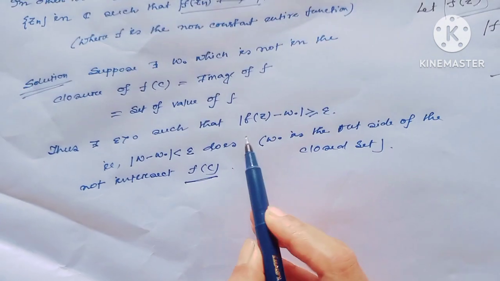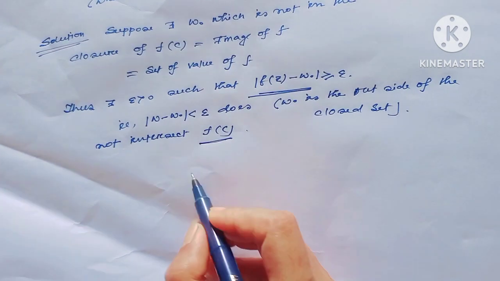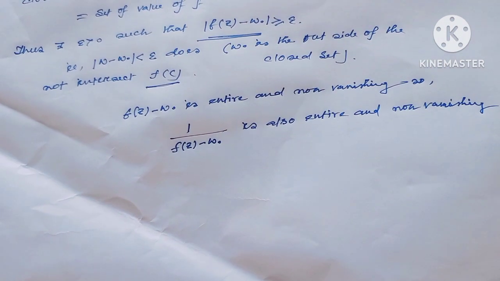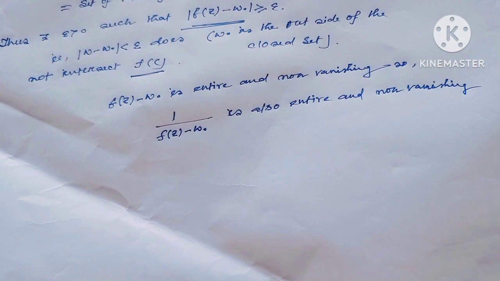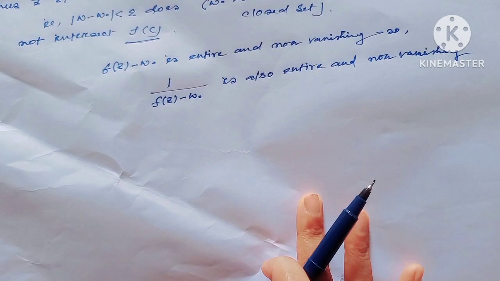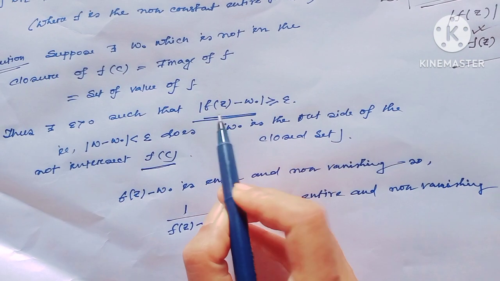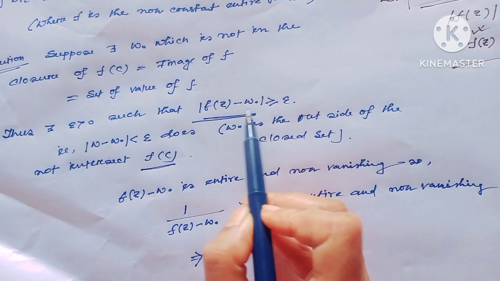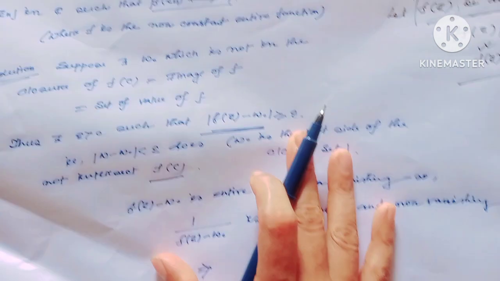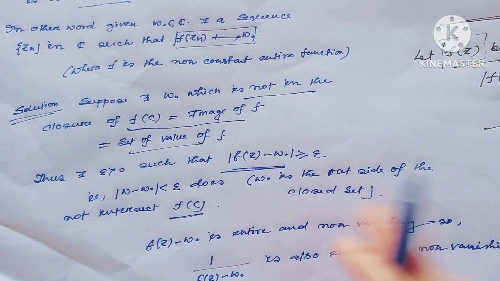Now obviously f(z) minus w naught is an entire function and non-vanishing. So since f(z) minus w naught is entire and non-vanishing, 1 over f(z) minus w naught is also an entire and non-vanishing function. Therefore, I have absolute value of f(z) minus w naught greater than or equal to epsilon, because I have considered w naught not in the image of the function.